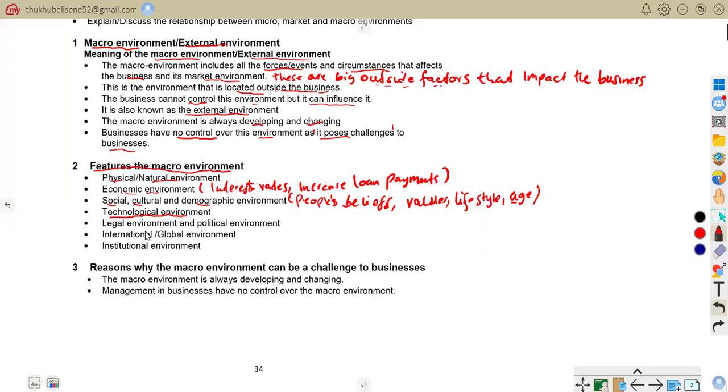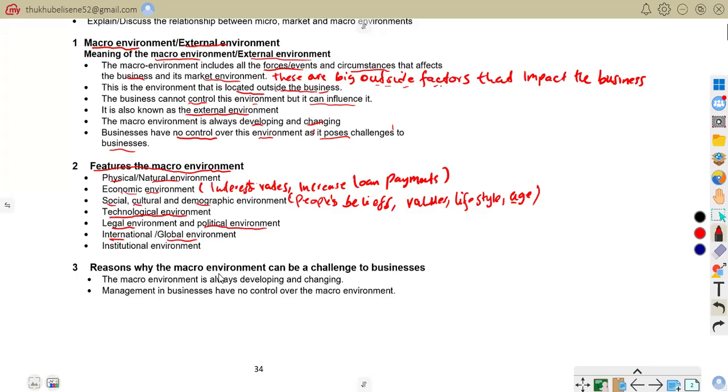So that is that. Legal environment and political environment. You are talking about laws, government policies, court systems. For example, labor laws regulate working hours. That is that. International or global environment. With the international and global environment, that's when you're talking about global trade, international competition, foreign cultures.